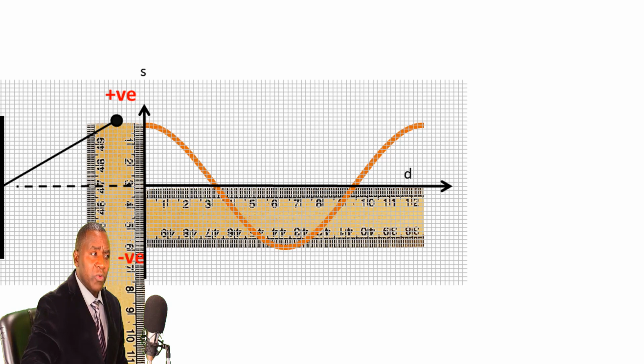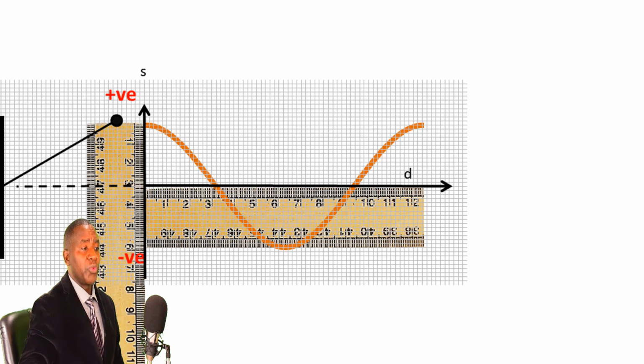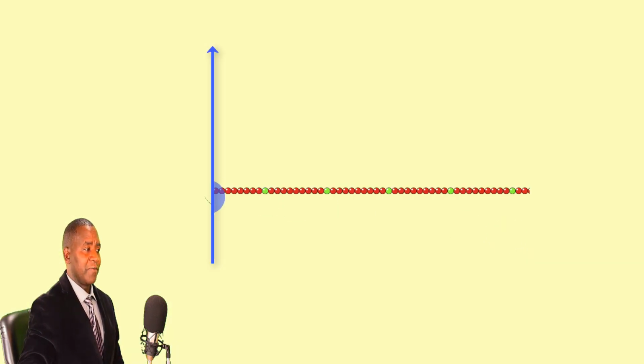But maybe I would start with one which looks like the type of wave which we have in mind. And this is a wave in a string. We have a string over here, and we could move this string up and down. So I'm going to set it into oscillation.